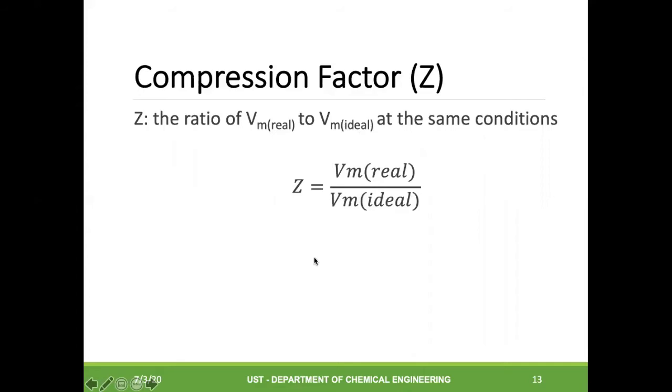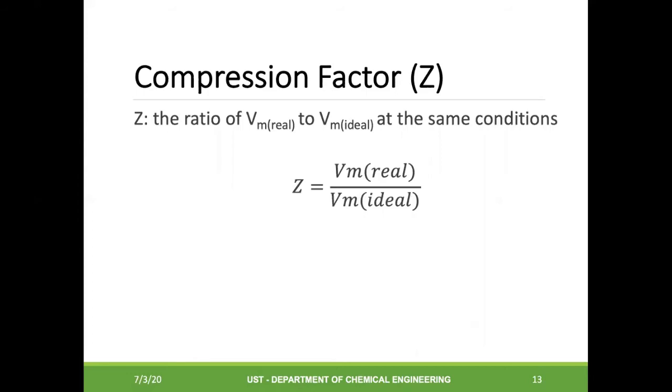Now, what can we say about the compression factor? If Z is equal to 1 or close to 1, we have an ideal gas. If Z is less than 1, what is happening here? Attractive forces are dominant. The molar volume of a real gas is less than the molar volume of an ideal gas, and gases are more compressible.